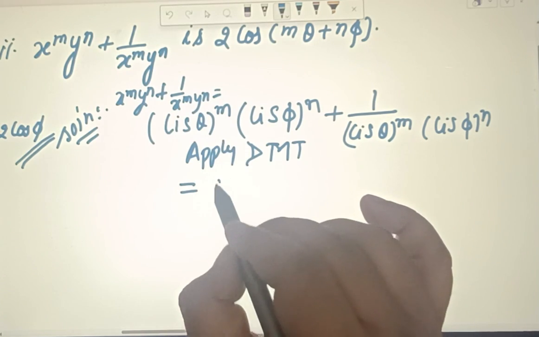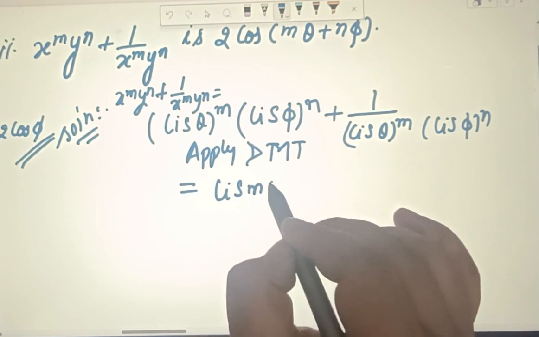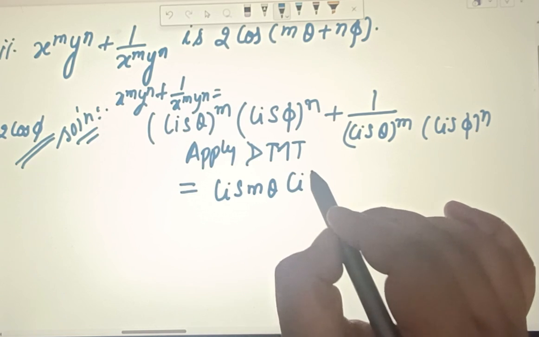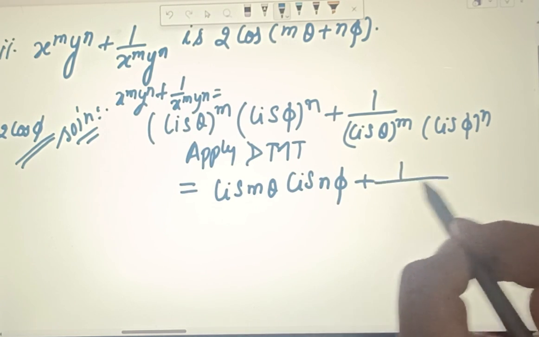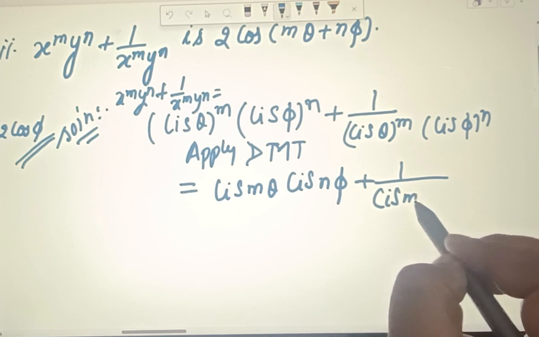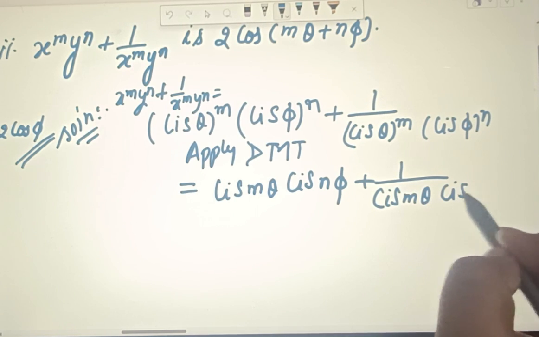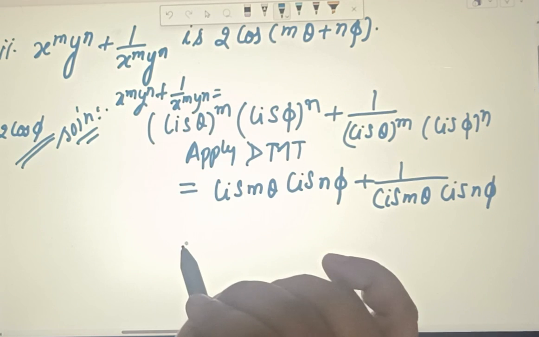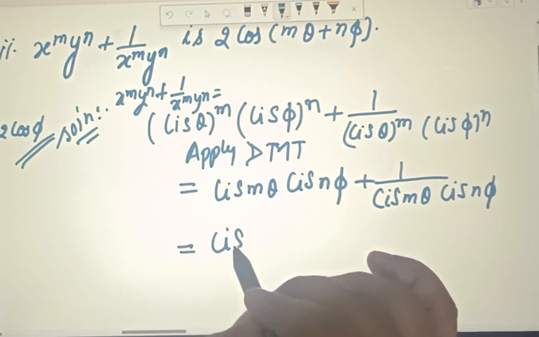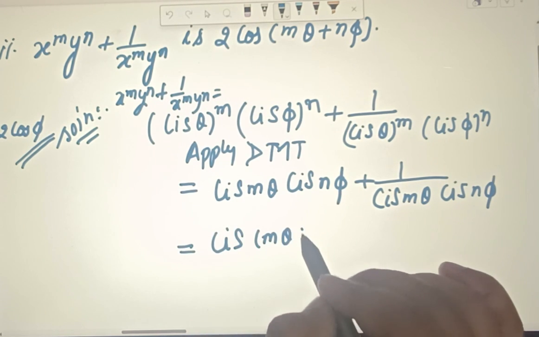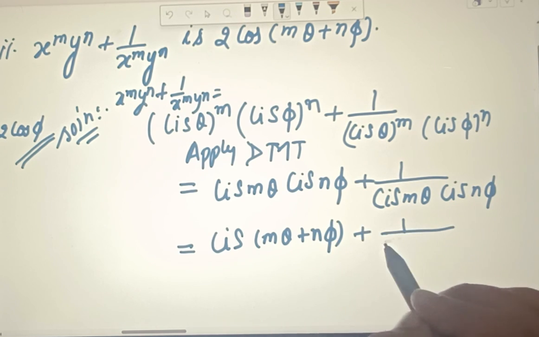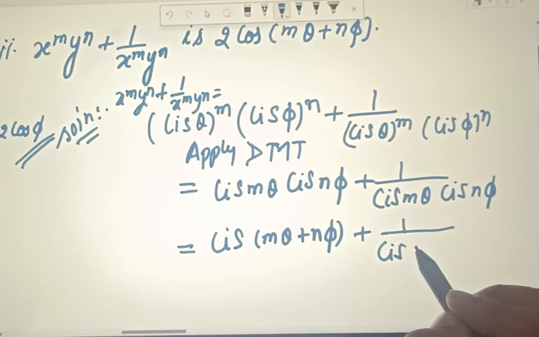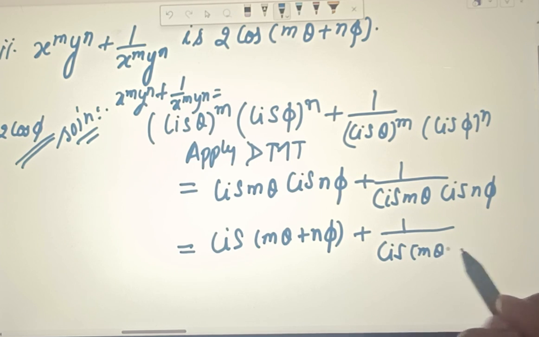So you can write cis m theta and cis n phi, and then plus 1 upon cis m theta and cis n phi. So it is cis(m theta plus n phi), and then plus 1 upon cis(m theta plus n phi).